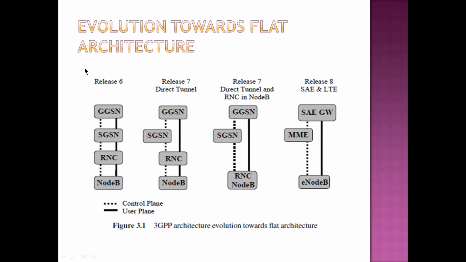These are big documents, and each release has details about each and every entity, how it can be developed in a company, and how eNode B or UE can be developed.